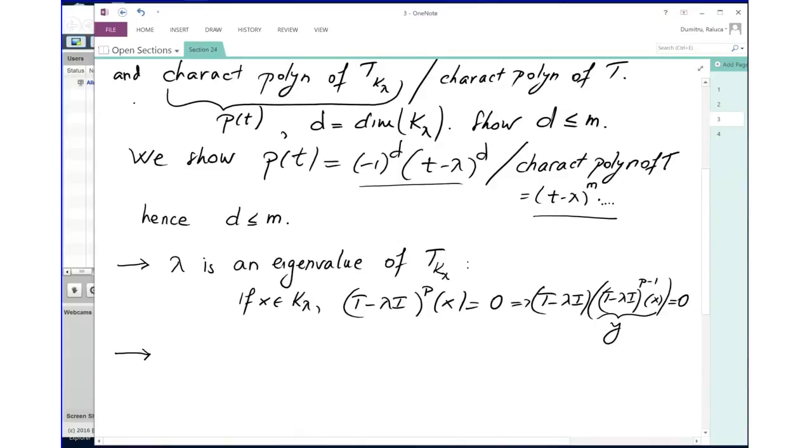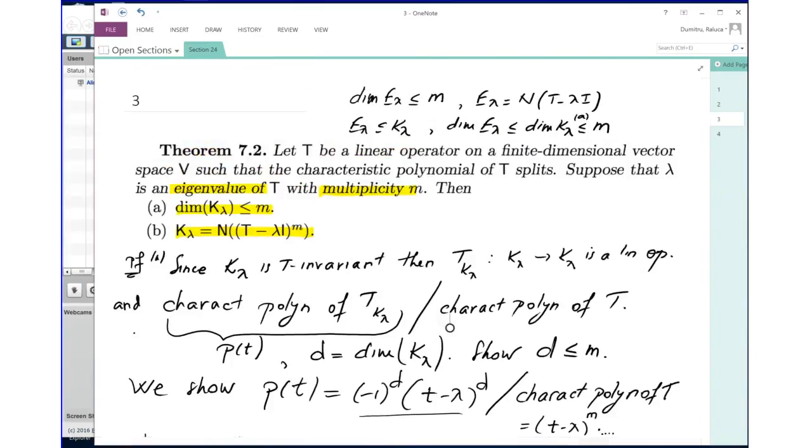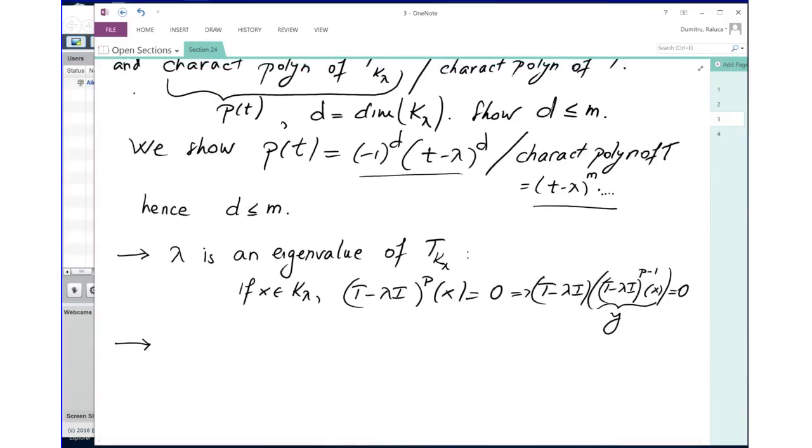So lambda is an eigenvalue, so t minus lambda is a factor, right? Remember that the characteristic polynomial of t splits, so the characteristic polynomial of the restriction splits, so I'm allowed to factor it out completely, right? I know that one of the factors is t minus lambda to some power, but if I can show that there is no other factor, then I'm done. It has to be that.